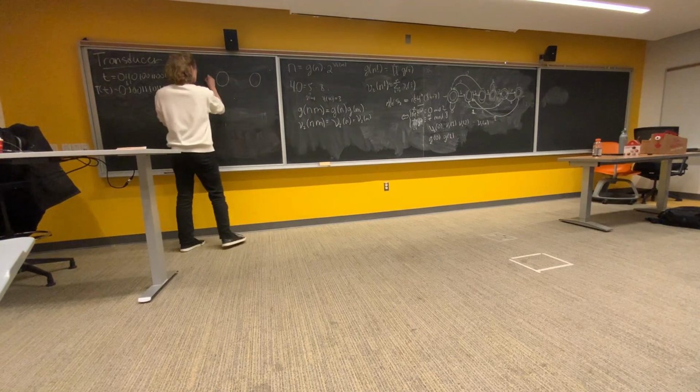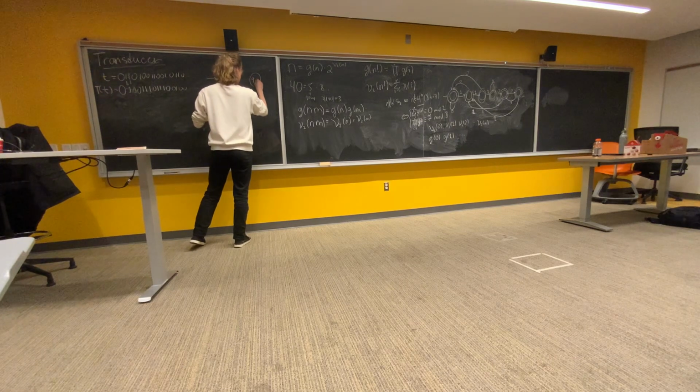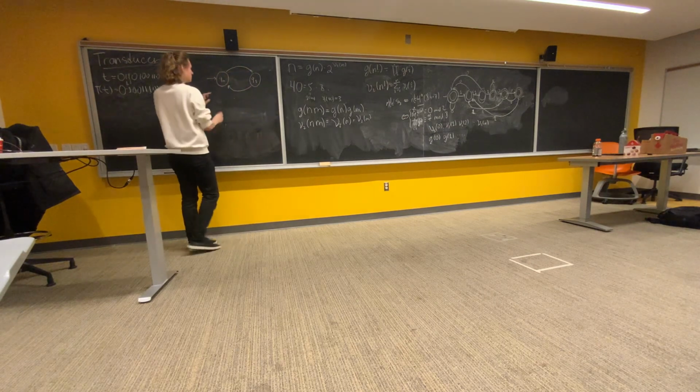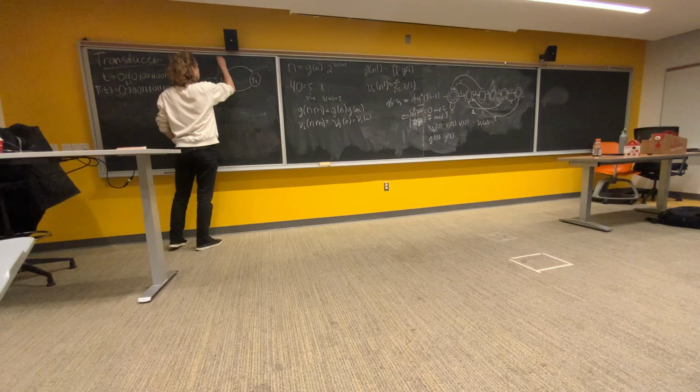So a transducer, like I said, is an automaton that outputs a sequence. In this case, we're going to have it output this running sum. And for it to do that, instead of having outputs on the states, it's going to have outputs on the edges.